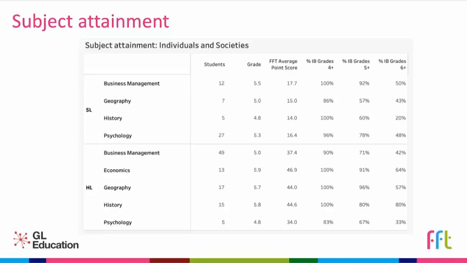Within that, we are showing you the individual subjects that your school and students have been taking within both standard level and higher level. You can see how many students have taken each subject, and you can see an analysis of attainment. At this stage, the value-added performance, you'll notice, is not on this subject level table.